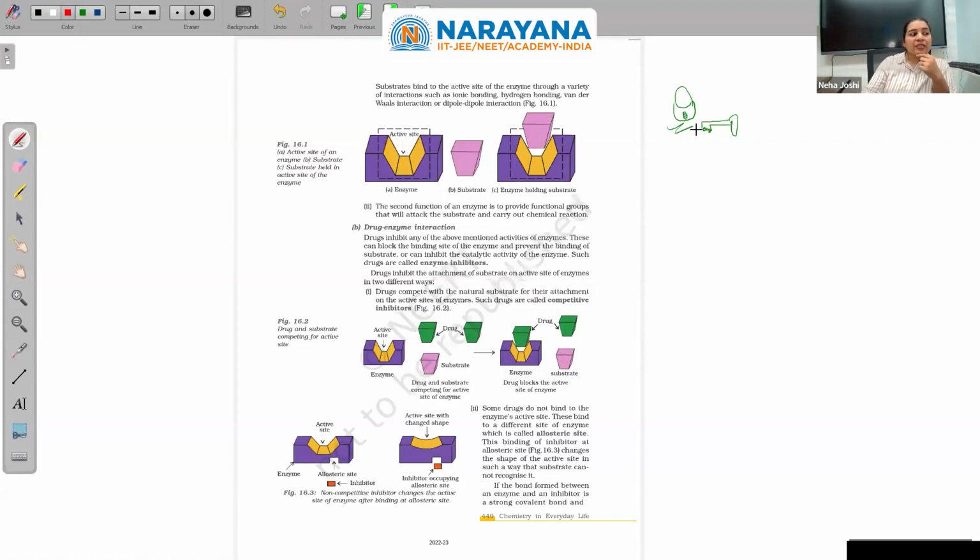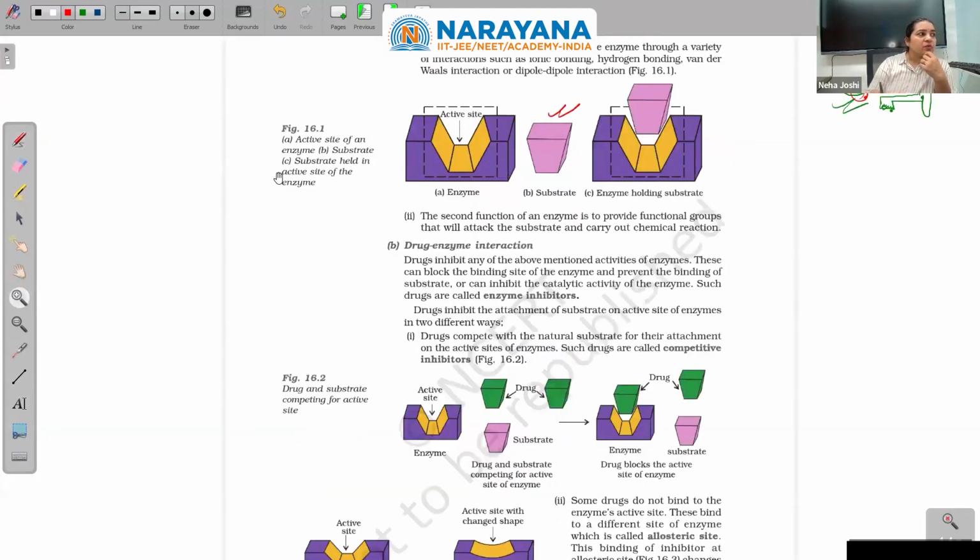If you want to open this, it has to fit perfectly into whatever type of opening is given in this lock. Similar is the situation. This enzyme has an active site, or that socket type thing, which is very specific to a particular substrate. Not any substrate can come and fit in. It has to be particular substrates.